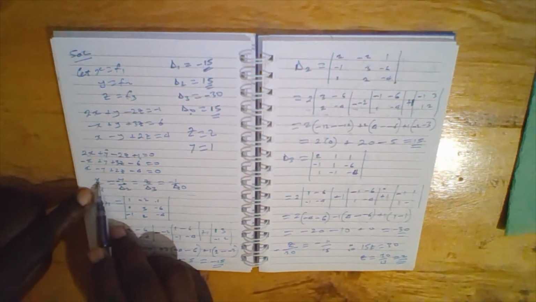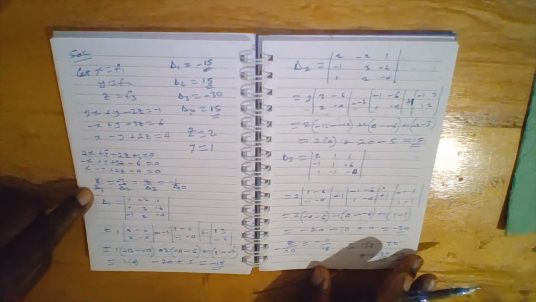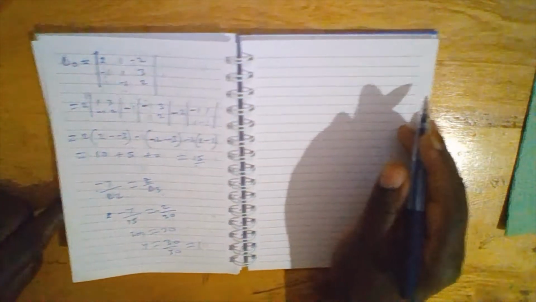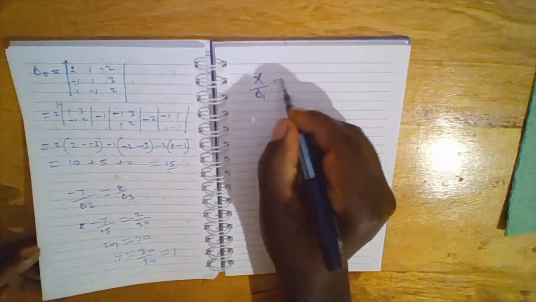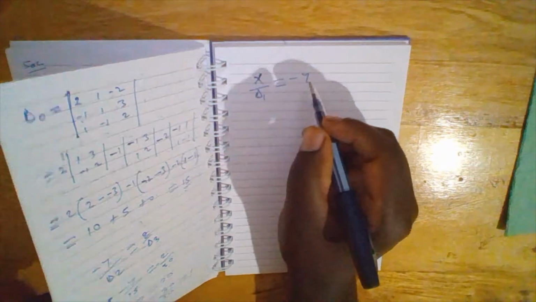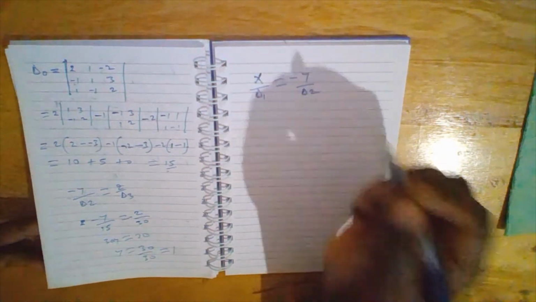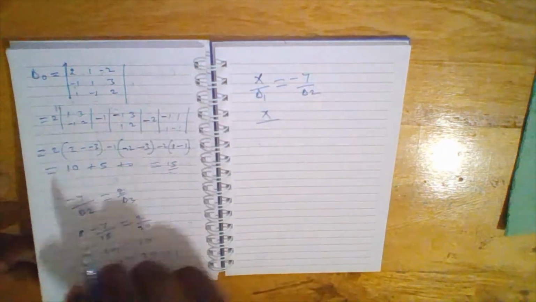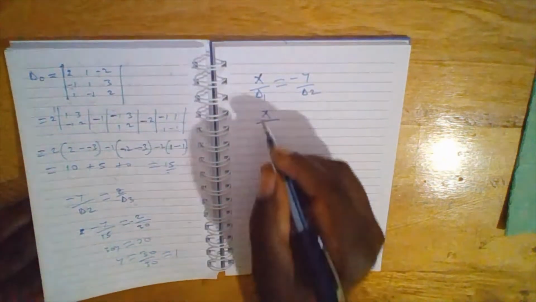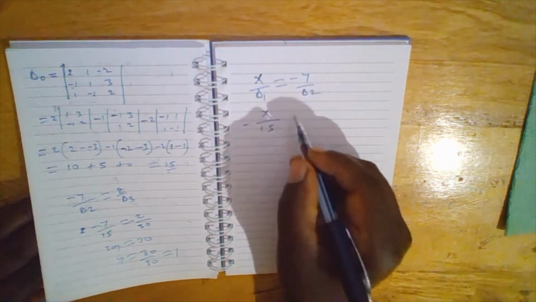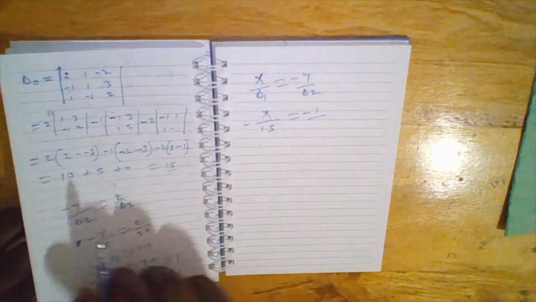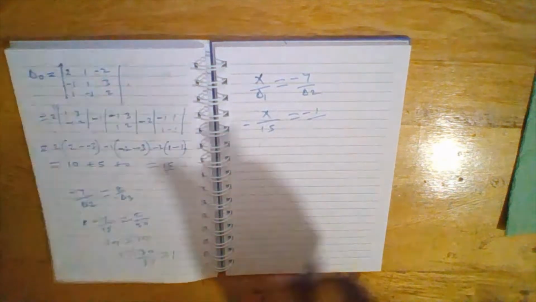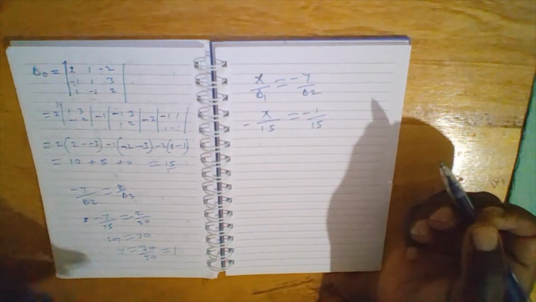Then let's look at the value of x. So the equation there is x over del 1 equals to minus y over del 2. So x over del 1 is negative 15, so we have minus 15 equals to y is 1, so we have minus 1 all over del 2 is 15.